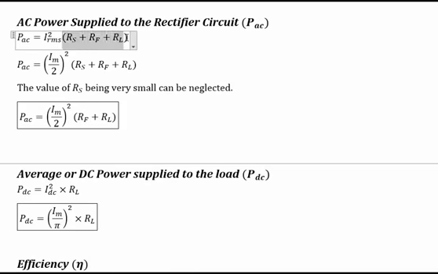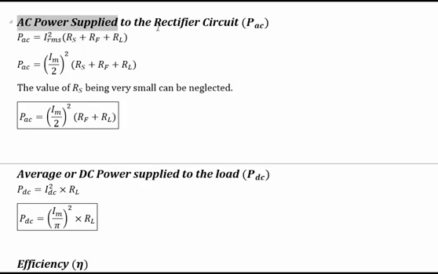And regarding this bracket of resistances, when you see the figure from the left side of the rectifier, you will see three resistances. Because it is written here AC power supplied to the rectifier, power supplied to the rectifier means from the left side of the rectifier.